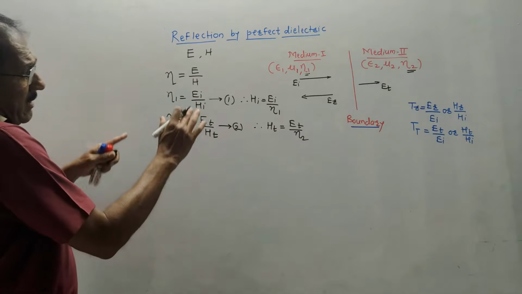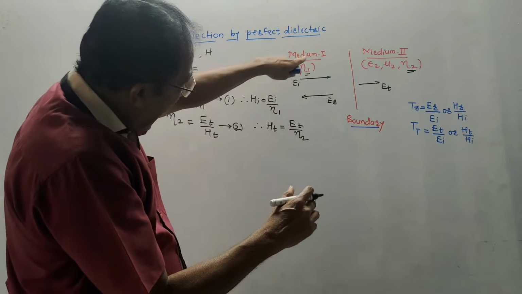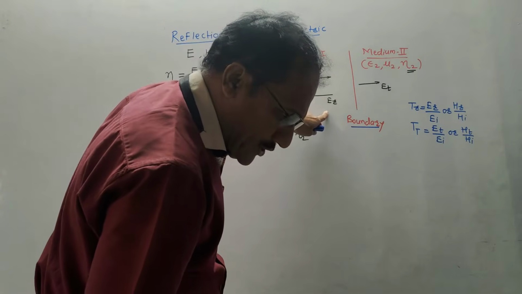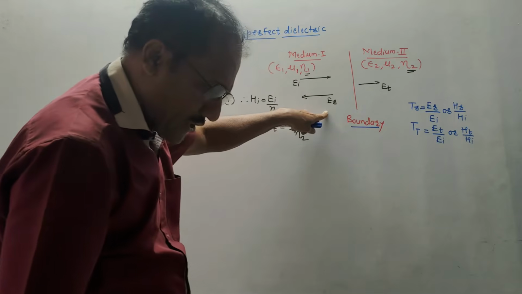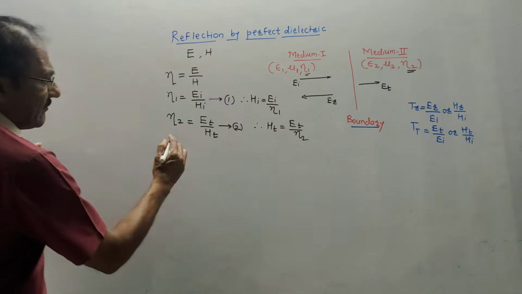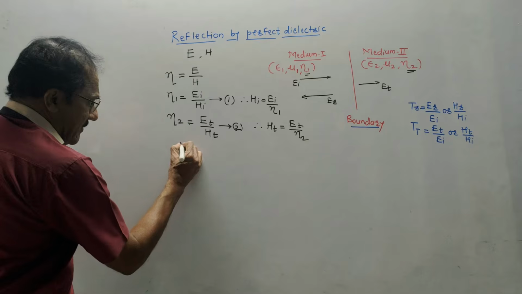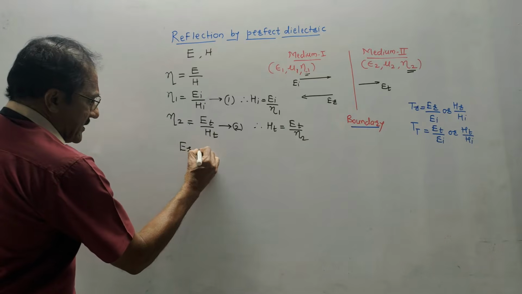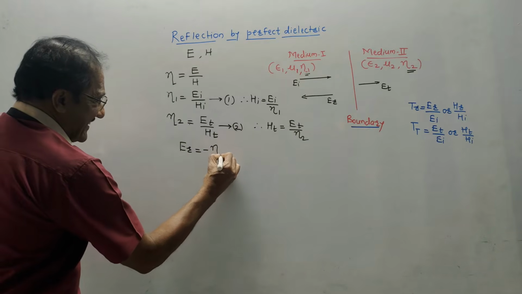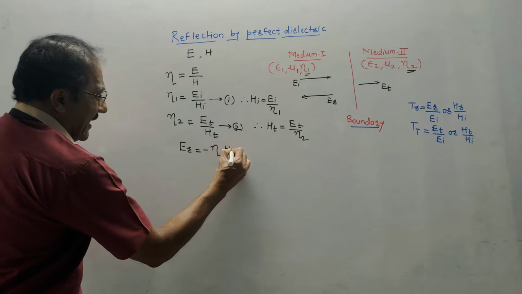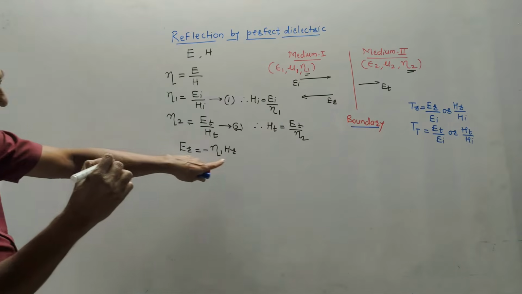Now, do remember EI and ER are in opposite direction to each other. So I can well write one more equation. ER is equal to minus eta 1 HR. How have I written this equation?